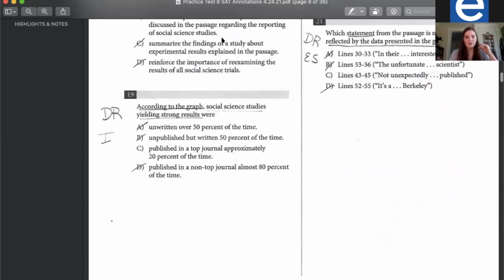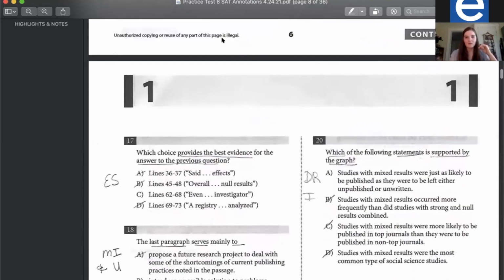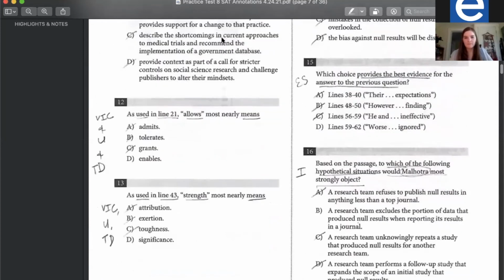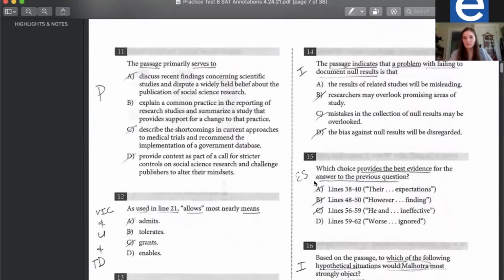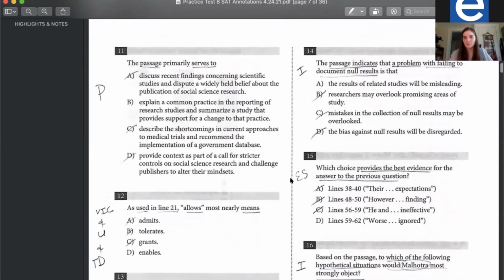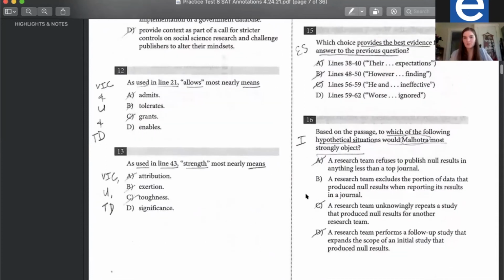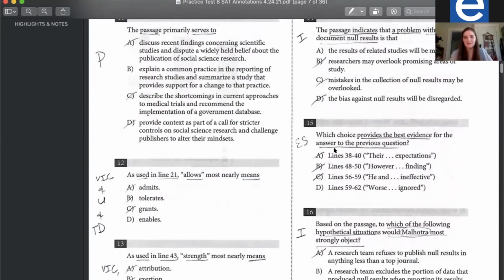You can see this pattern too: you have an inferencing question or a detail question, followed by an evidence support question, which goes: which choice provides the best evidence for the answer to the previous question.